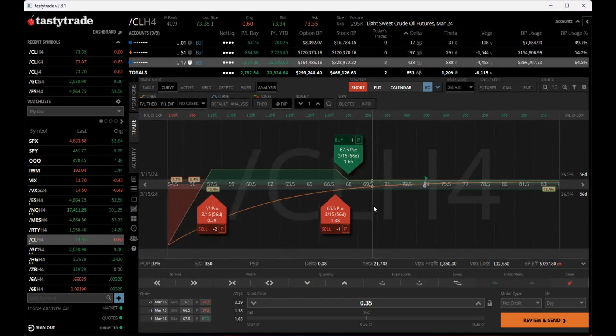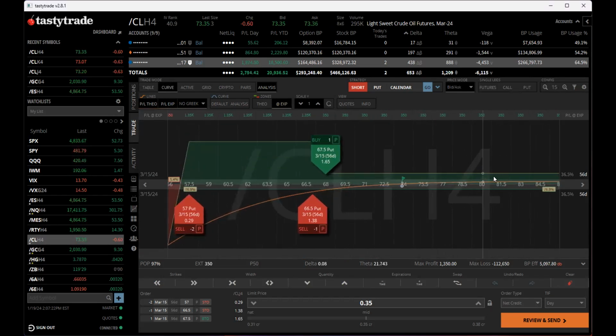And when you take a look at this trade, here's what you end up with. So I guess my question is on this particular trade, what's not matching up? When I look at this trade, I'm getting $350 here, and I'm using 5,097 in buying power down here. So this is a 6.8% trade in 56 days.